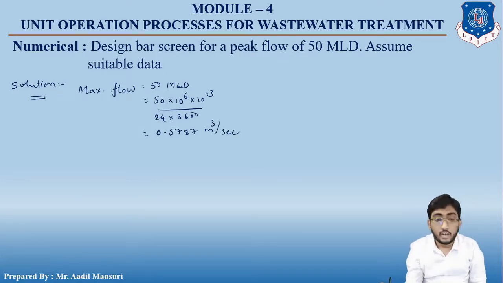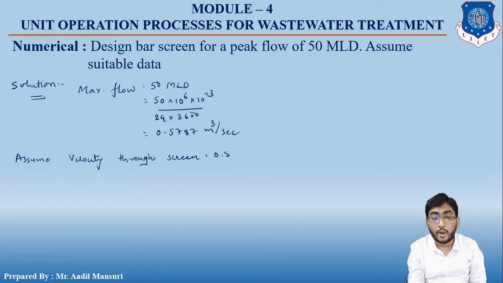Okay, now the first assumption: assume velocity through screen equals 0.8 meter per second. Next step, to find the net area.